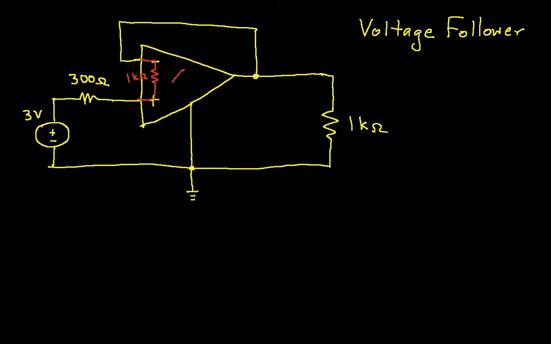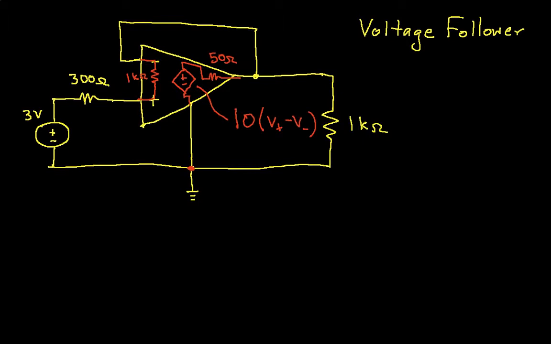Then inside the realistic model we also have a voltage source connected to an output resistance, and let's set the output resistance to 50 ohms. And let's set the gain on the voltage source to be 10. So for this case, the output is 10 times the voltage at the non-inverting node minus the voltage at the inverting node. Both of these voltages, by the way, are referenced with respect to this ground node.